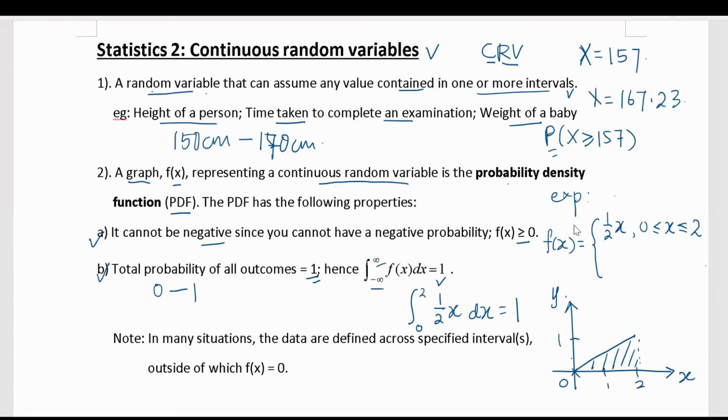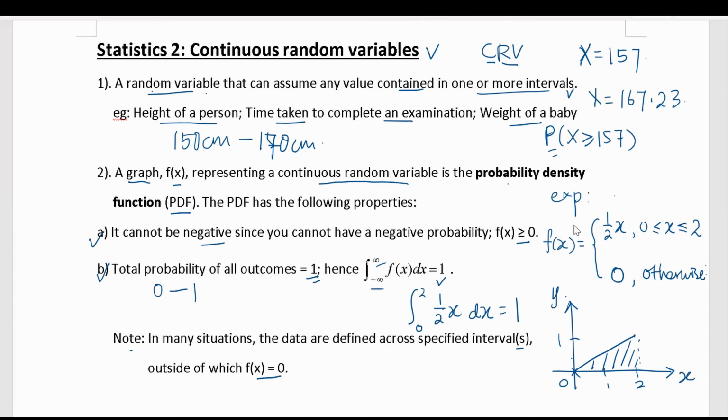Note that in many situations the data are defined across specified intervals, so anything outside will be 0. What does it mean here? According to my example, the function is only defined between 0 and 2, so anything other than 0 to 2 will be 0.